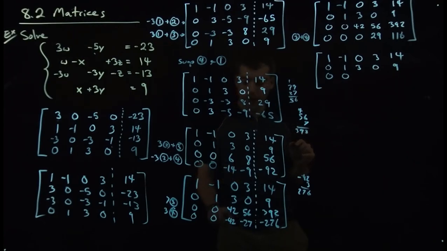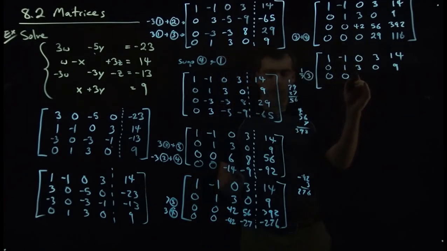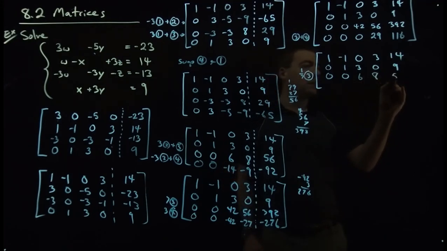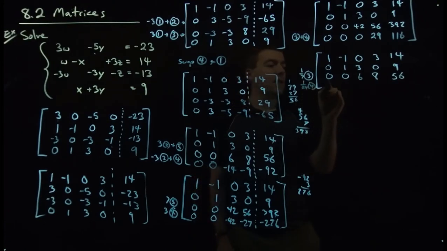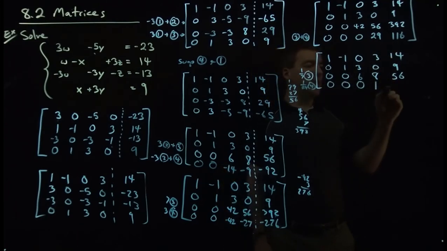We can divide by 7. So 1/7 row 3. It'll go back to being 6, 8, and 56. And then we'll divide row 4 by 29 to get 0, 0, 0, 1, and 116 divided by 29 happens to be 4.